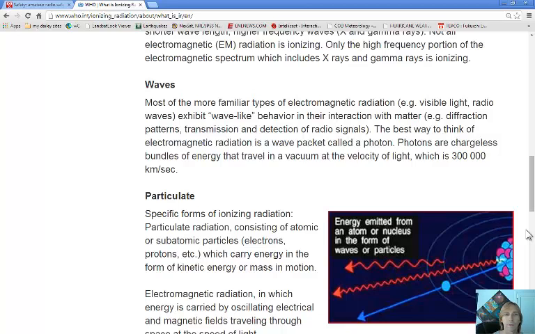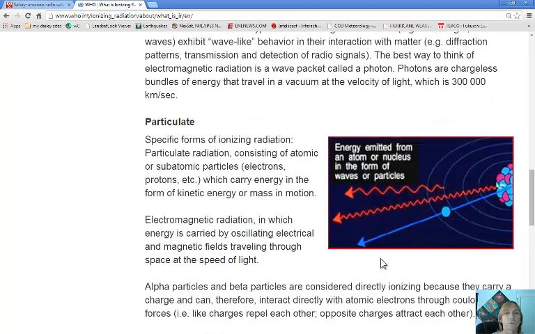The best way to think of electromagnetic radiation is as a wave packet called a photon. Photons are chargeless bundles of energy that travel in a vacuum at the velocity of light, which is 300,000 kilometers a second, 168,000 miles an hour.